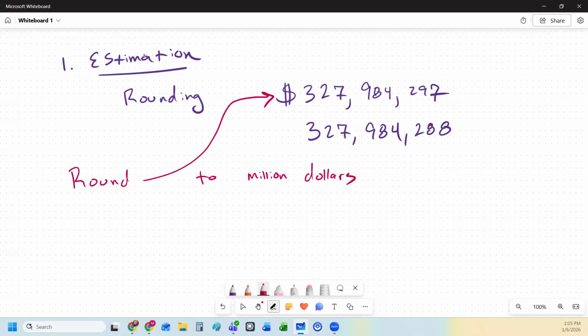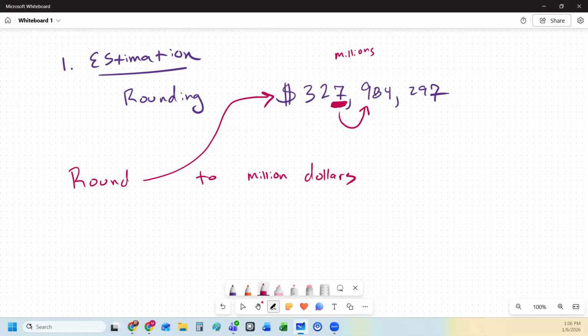So I'm going to look at the millions place, which is this 7. I'm going to get this other number out of our way. But this 7 right here is in the millions place. And to decide if I'm going to increase that or keep it the same, I'm always going to look at the next digit.